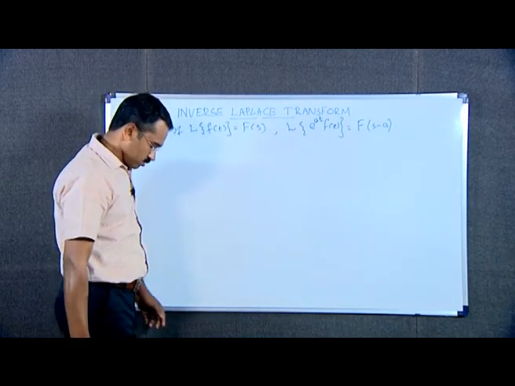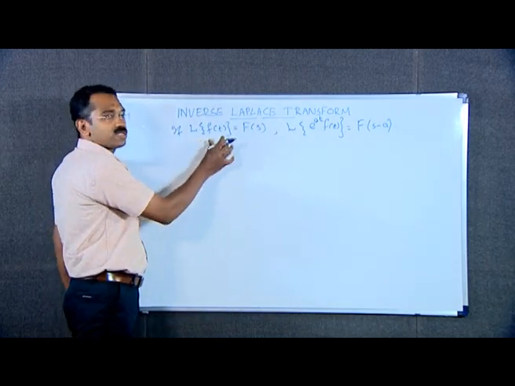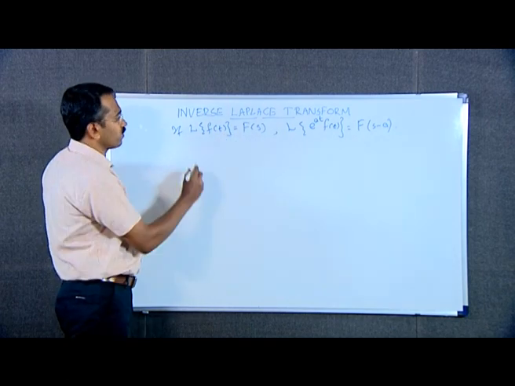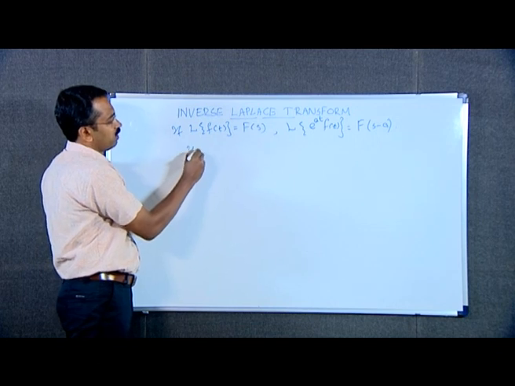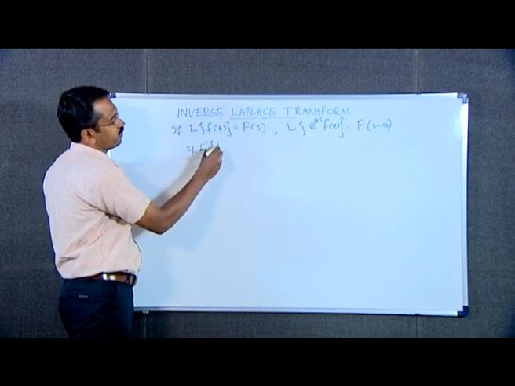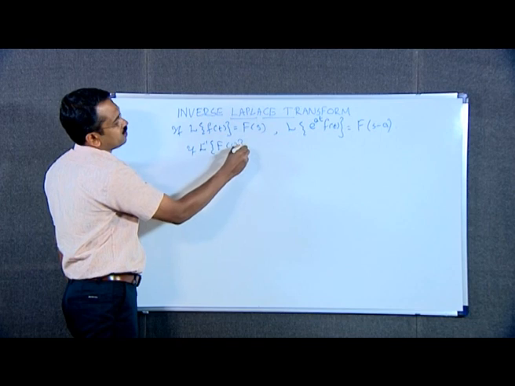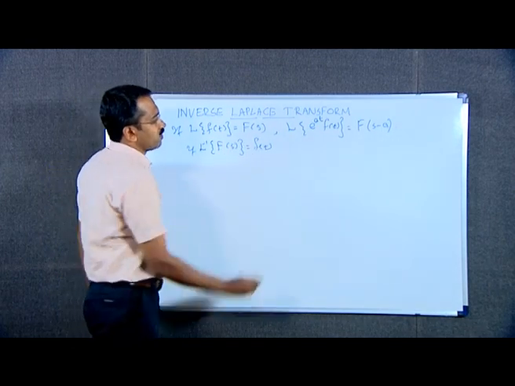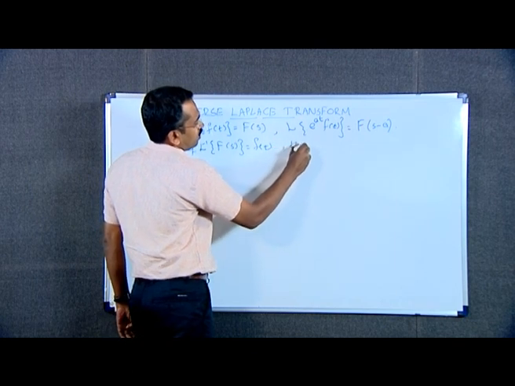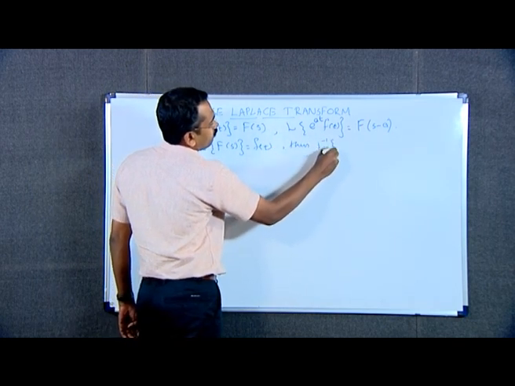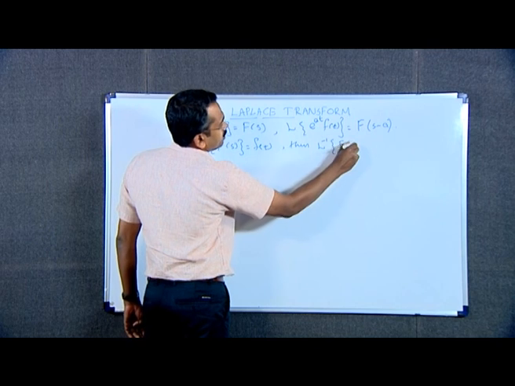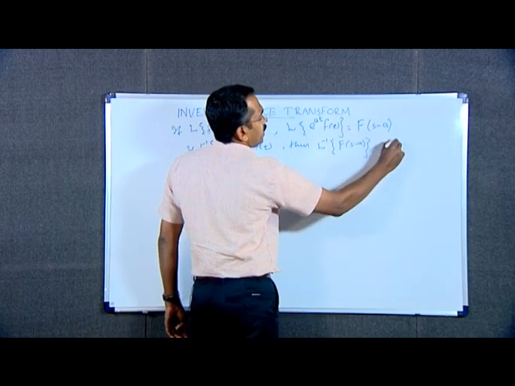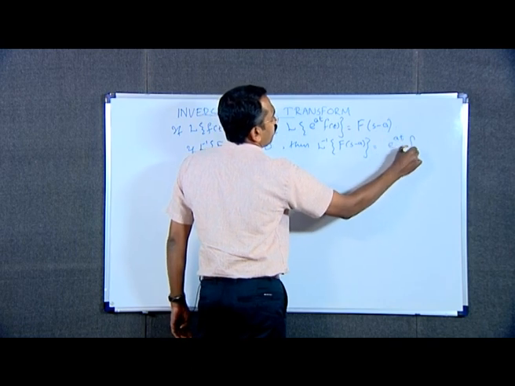Therefore, we can consider the inverse of this property, that is, if L inverse of F of s is equal to f of t, then L inverse of F of s minus a is equal to e raised to at into f of t.